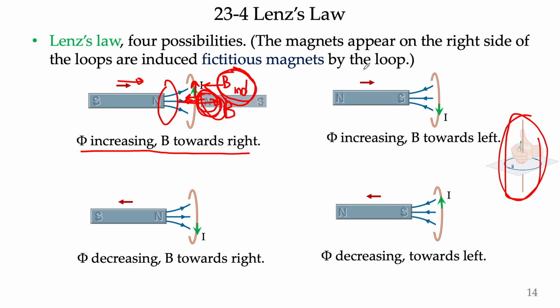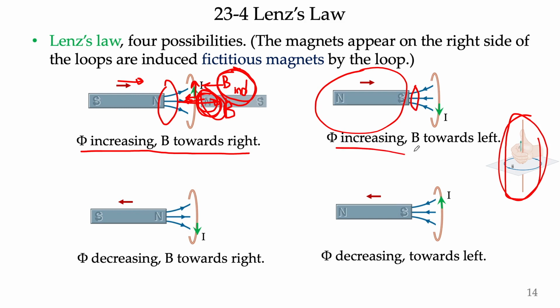What about this situation here? Again, this is moving to the right, and again the flux is increasing, because as this moves to the right, the field here is stronger. So the flux inside the loop gets stronger and stronger.